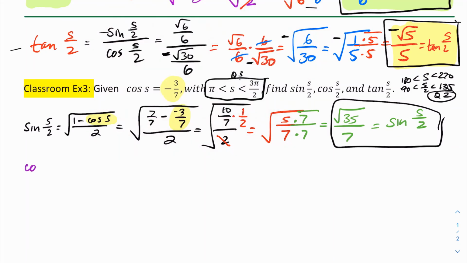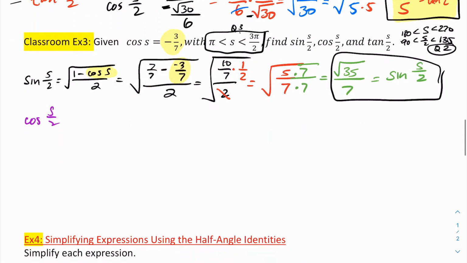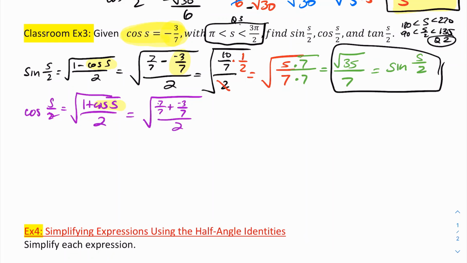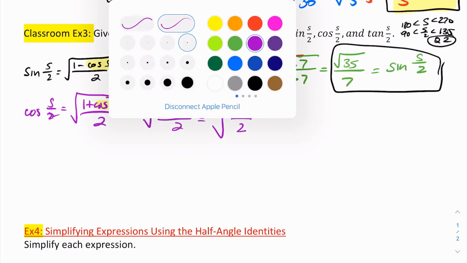Next, for cosine of s over 2, that's going to give us the square root of 1 plus cosine of s over 2. It's going to be 7/7 plus negative 3/7. Again, cosine of s is negative 3/7 over 2, which will give me 4/7 over 2.